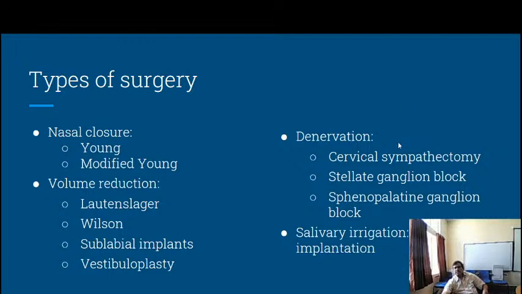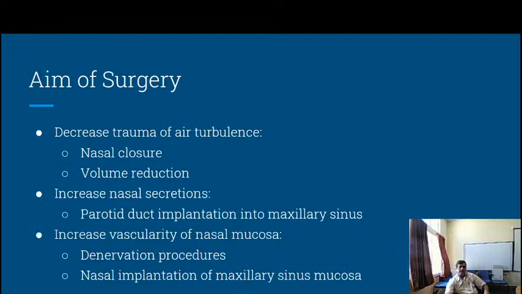And denervation: various sympathectomy, cervical stellate ganglion block, sphenopalatine ganglion block, and salivary irrigation by parotid duct implantation. Now these are the various ways in which atrophic rhinitis is treated.